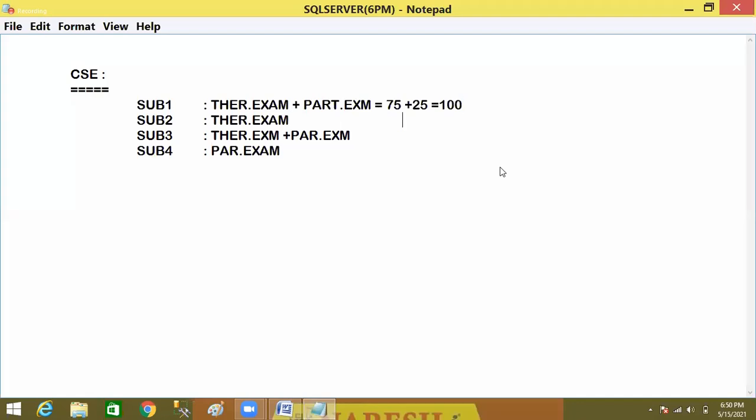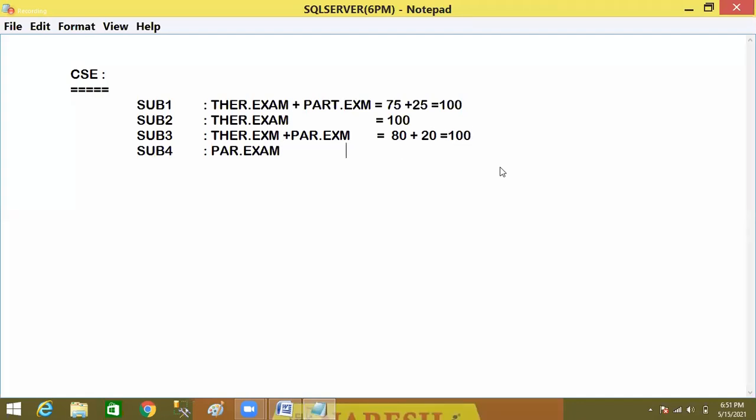The second one has only a theory exam, and the theory is 100 marks. Next, this one has theory of 80 marks plus practical of 20 marks, so the total is 100.